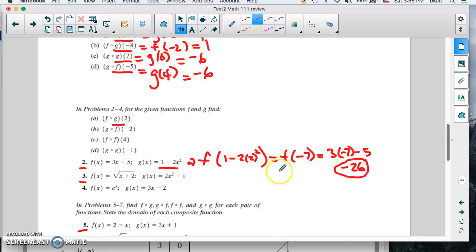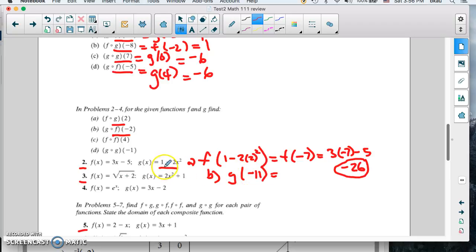Part B, we'll do the same thing, but we're going to reverse it, so we're going to do g of f of -2. We start here with f of -2, so we put -2 right there. That's going to be -6 minus 5, which is -11.